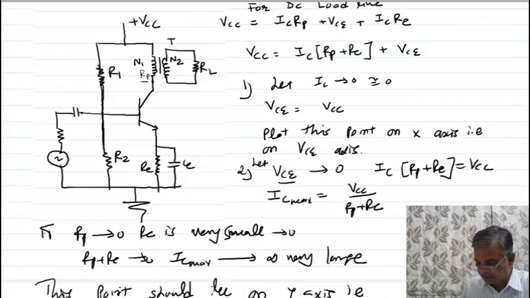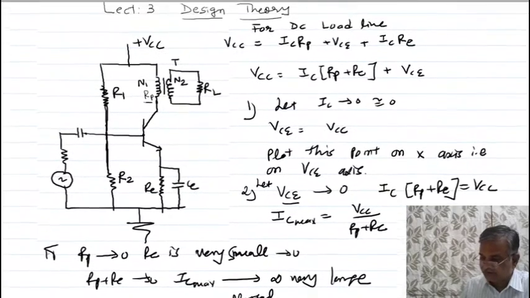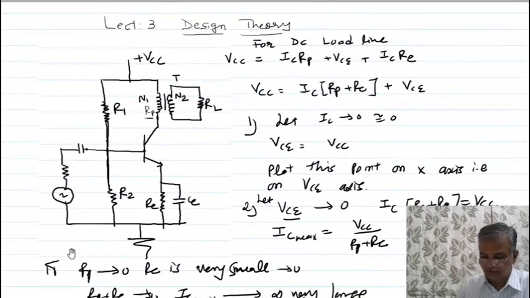So this point should be plotted on the y-axis, that is the IC axis, as you can see I have plotted on this y-axis. I'll show you.